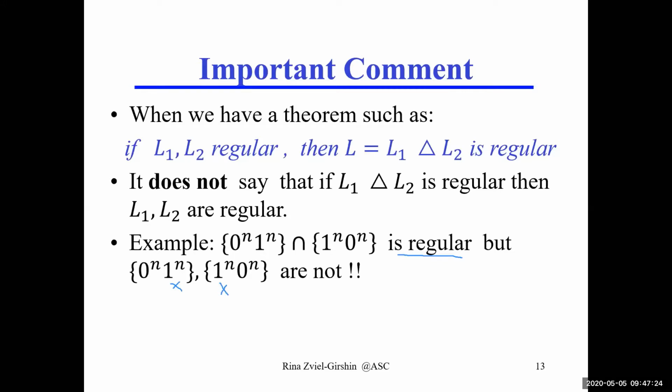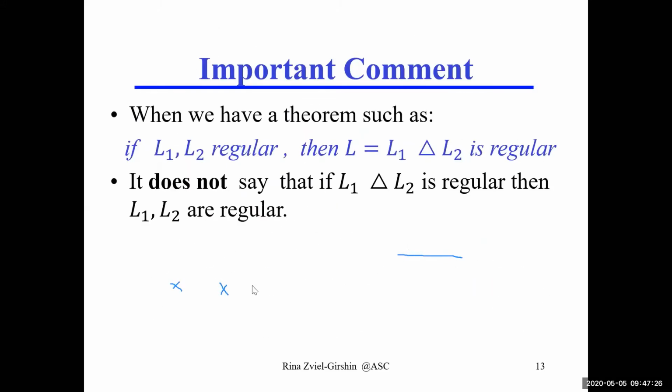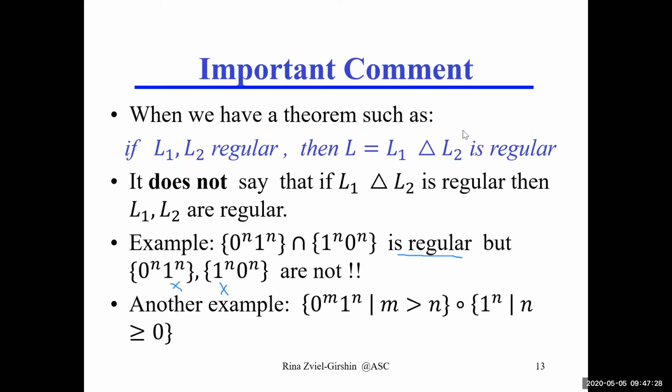And I would like to give you an additional example. Let's look at concatenation. I have a concatenation of two languages. The first language is 0 to the m, 1 to the n, where m is greater than n.